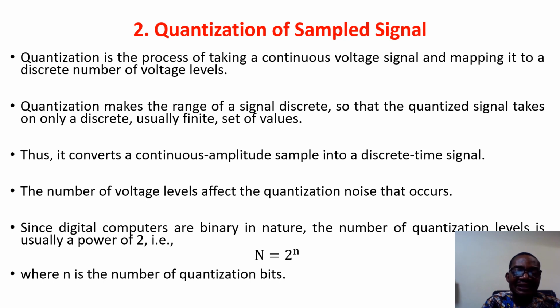Since digital computers are binary in nature, the number of quantization levels is usually a power of 2. That is, the number of quantization levels N is equal to 2 raised to the power n, where small n is the number of quantization bits.